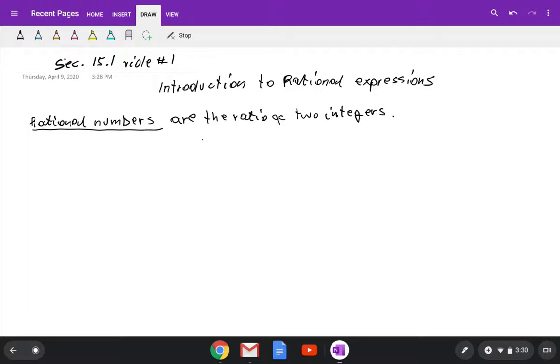So for example, 1/2, -3/7, or just 5. 5 is also a rational number because 5 can be the same as 25/5. Okay, so that's rational numbers.